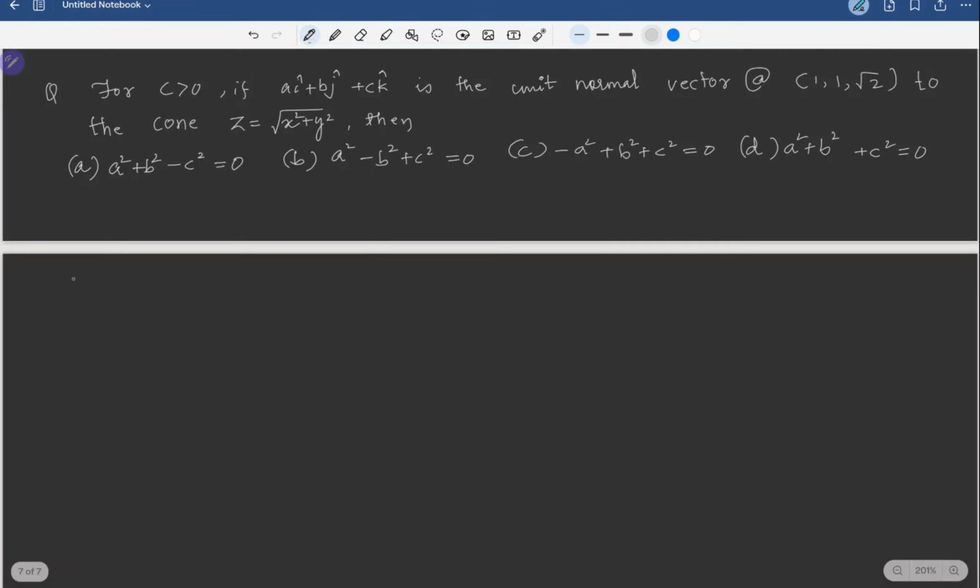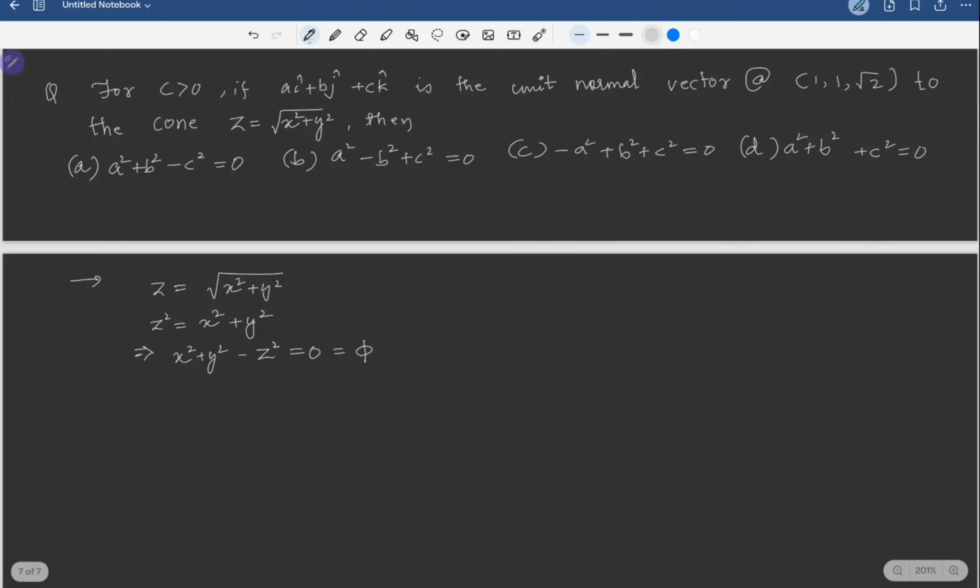So what we get, the cone is given by z is equal to under root x squared plus y squared. Squaring on both sides, we get z squared is equal to x squared plus y squared. We can also write it as x squared plus y squared minus z squared is equal to 0.